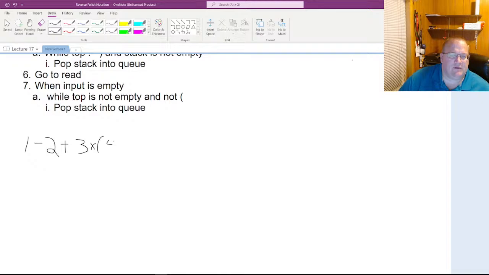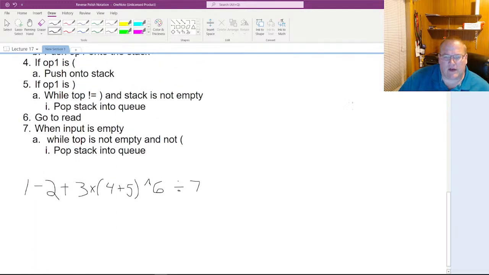Multiply by 4 plus 5 caret 6. That's raised to the power of, and that's actually higher precedence than multiplication and division. And then let's throw something in at the end here. Divided by 7. Great. Let's go ahead and go through this.